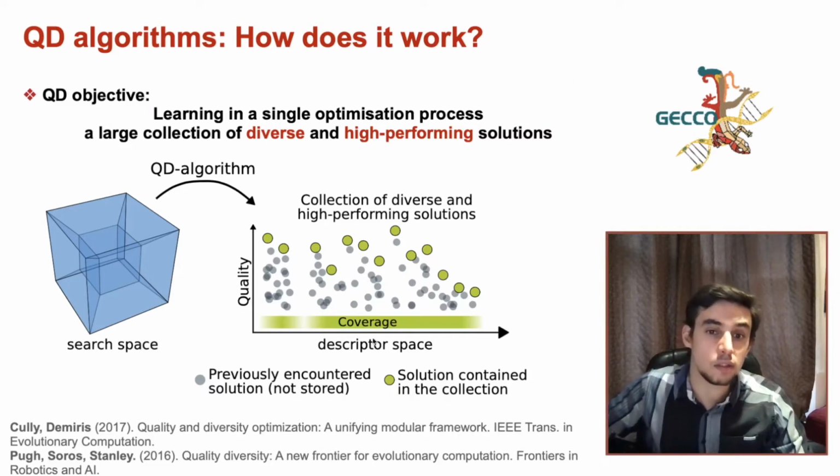Here you can see that the collection we try to develop is structured according to a descriptor space that is used to define the different types of solutions. The goal is to maximize the coverage of this descriptor space, and for every region of this descriptor space, to find the highest-performing solution. So the goal will be to find as many of those green dots as you can see in this slide.